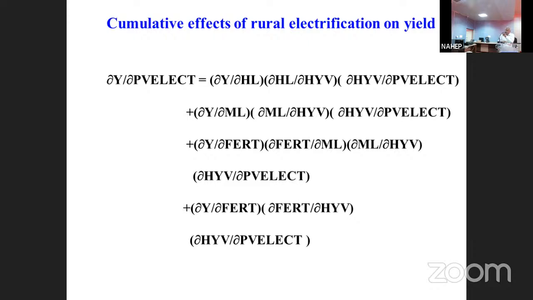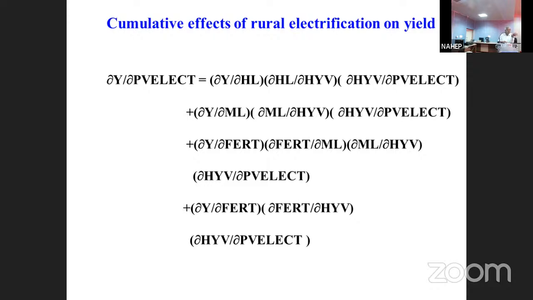This is one process, and through fertilizer we increase the yield. So you can decompose the total impact of electricity on yield: this is the fertilizer component, the impact of fertilizer. This is the impact of machine. This is the impact of the high-yielding variety, and this is the impact of human labor. And then you compare all components.